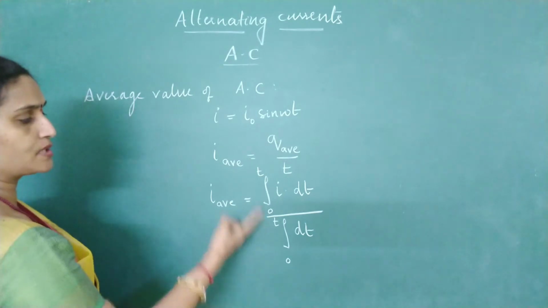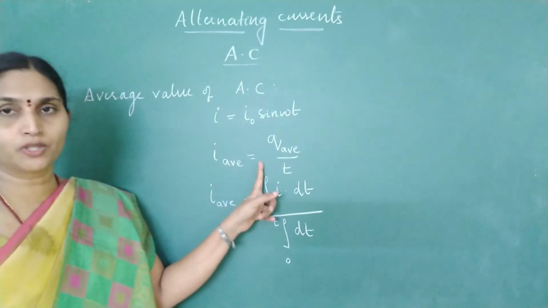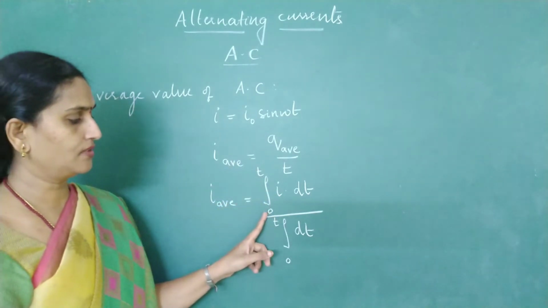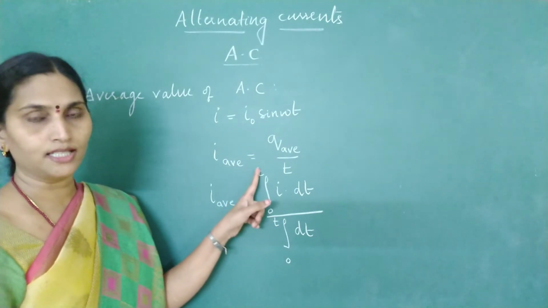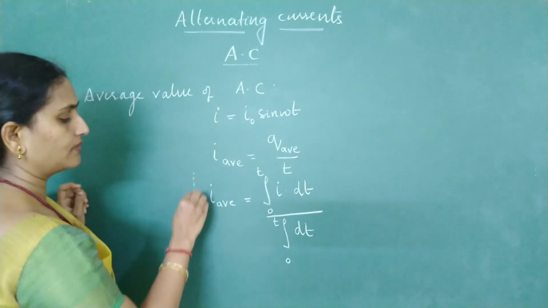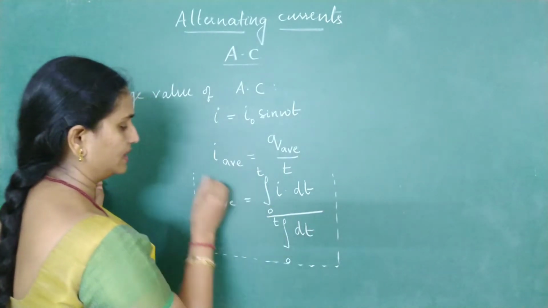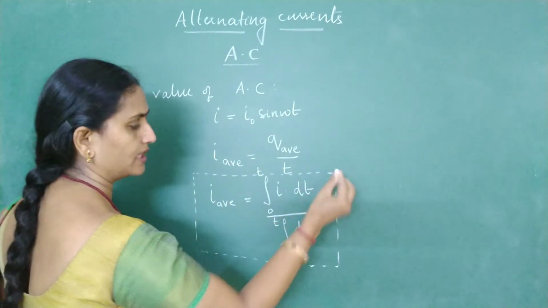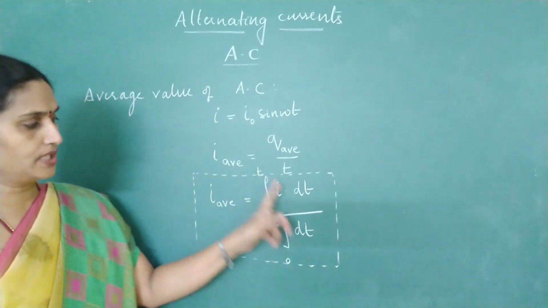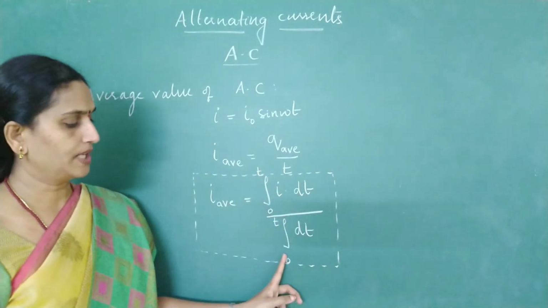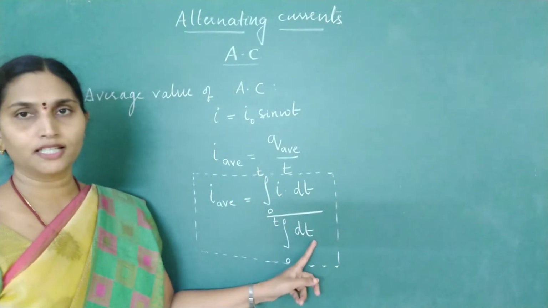If the time limits are specified from t1 to t2, you put those limits. Otherwise, if it is starting from 0, that is from 0 to t. So what is the general formula for calculating the average value of current? You can remember this relation: integral 0 to t of I dt by integral 0 to t of dt.